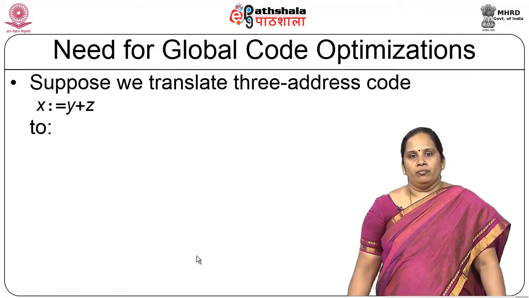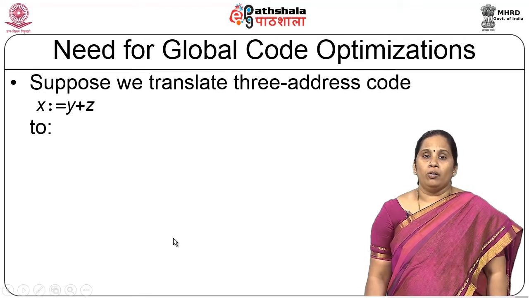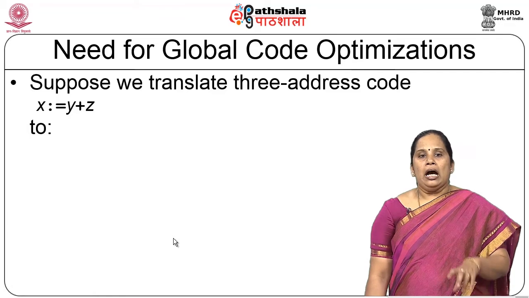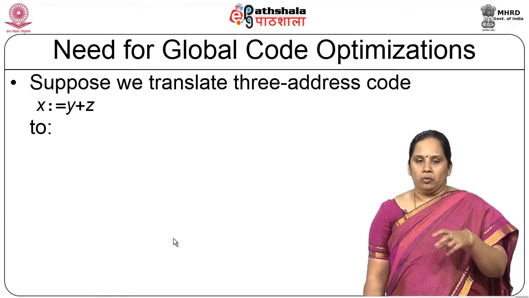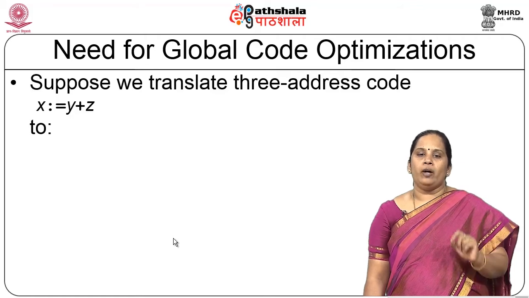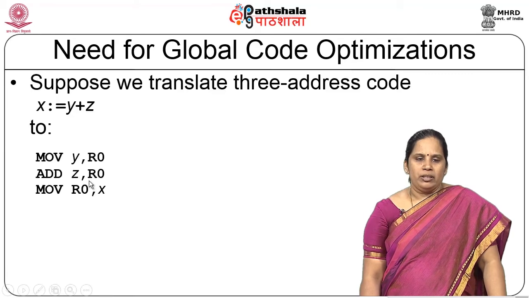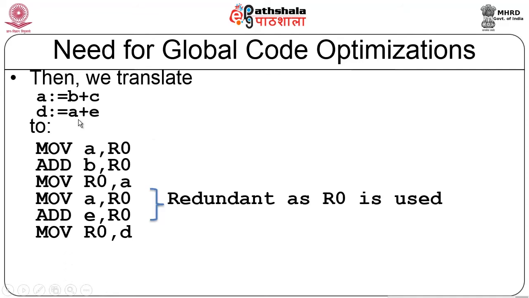So for example, again this is going to involve some global code optimization also. Our 3 address code to assembly code translation should be in a position to perform global code optimization also. For example, the same instruction is converted like this. This is 2 instructions. We are going to convert it like that. For example, b plus c is move a comma r0, add b comma r0, and then the result is stored back in a.